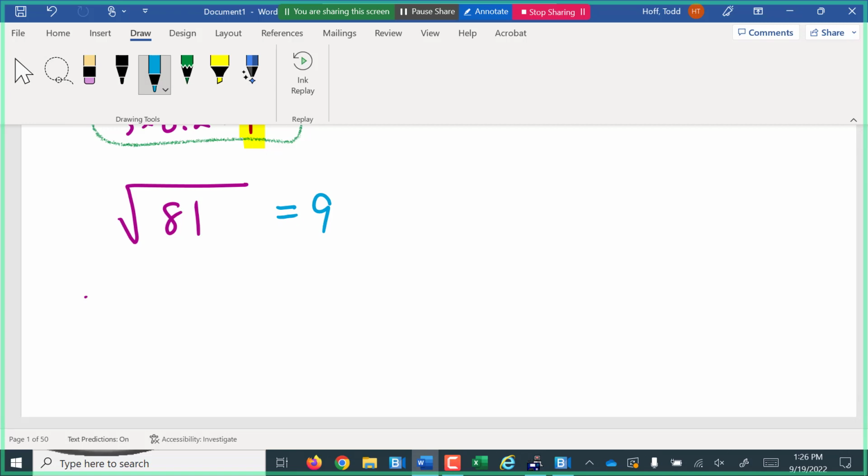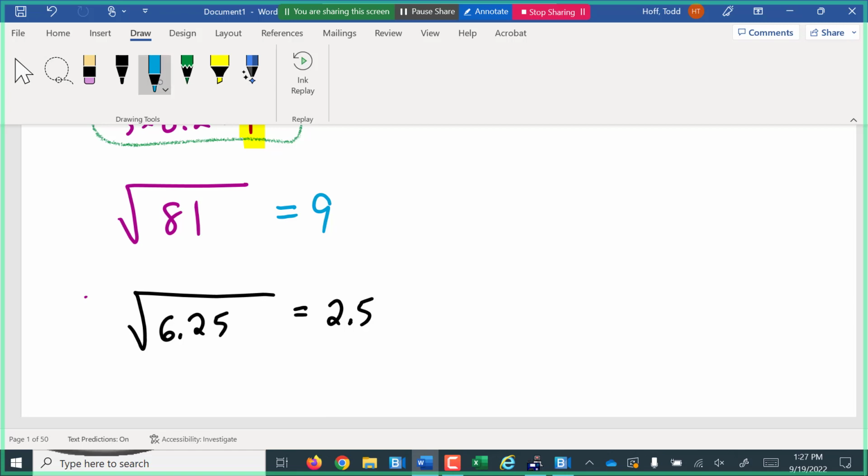So the square root of 81 is 9. It gets smaller when we take its square root. We might have the square root of 6.25. I don't expect you to know that one, but if you punch it in your calculator, you'll get 2.5. Again, we get something smaller when we take the square root.